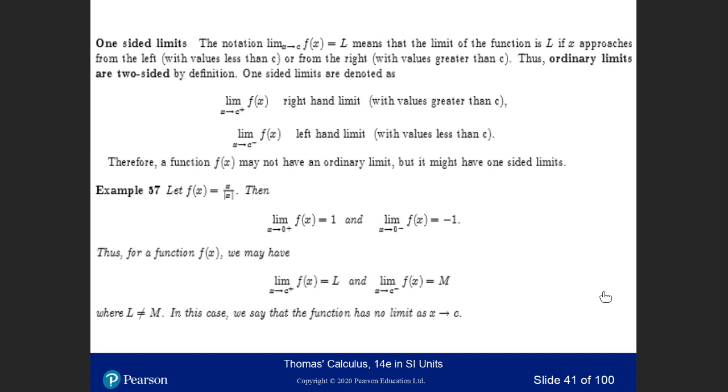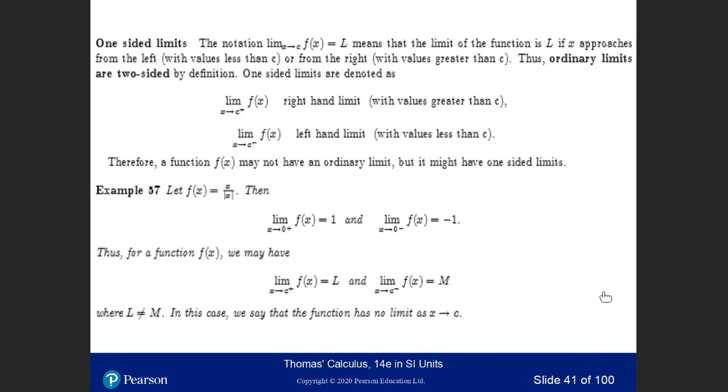This is called the right-hand limit. Now, limit as x approaches c minus means that you approach c from values less than c, and this gives you the idea about how your function behaves as you approach c from values less than c.